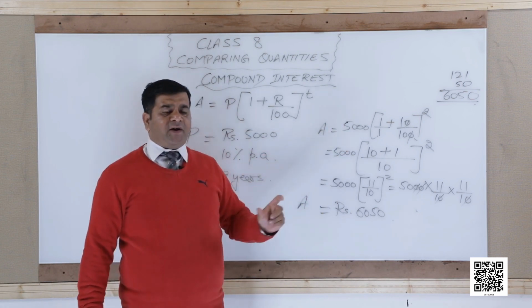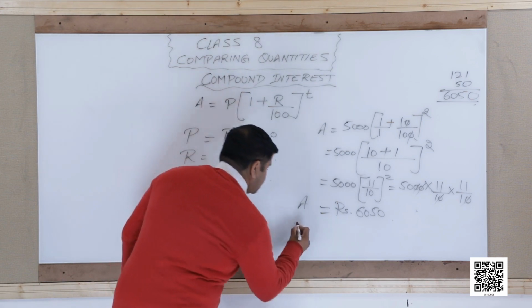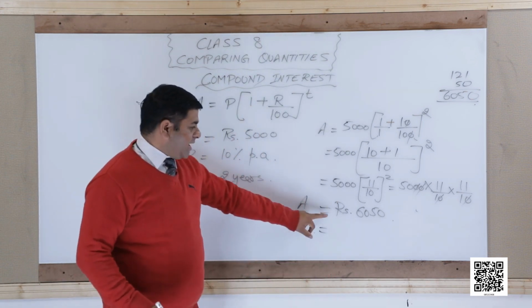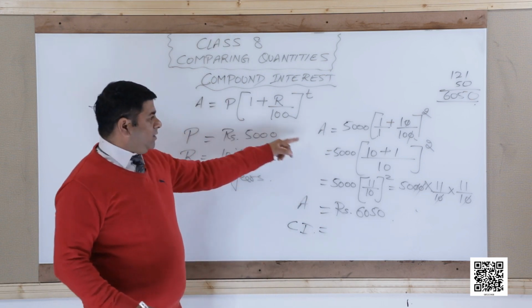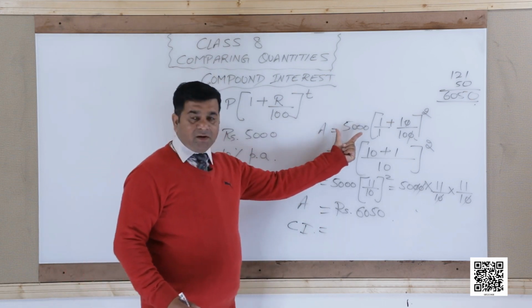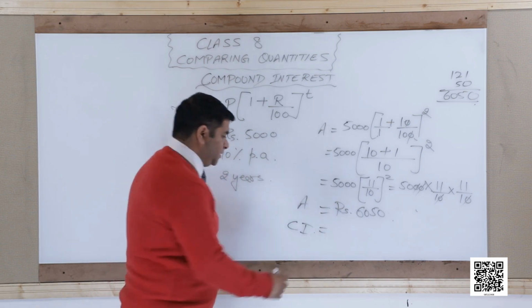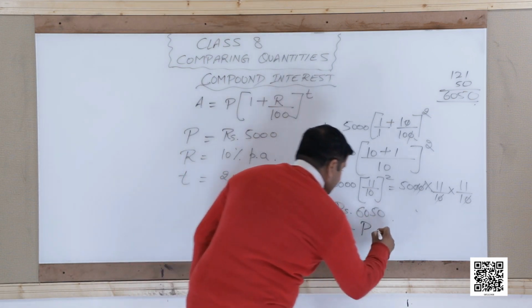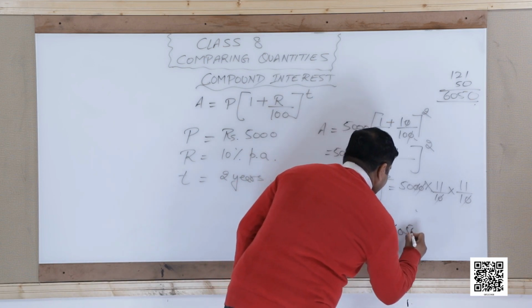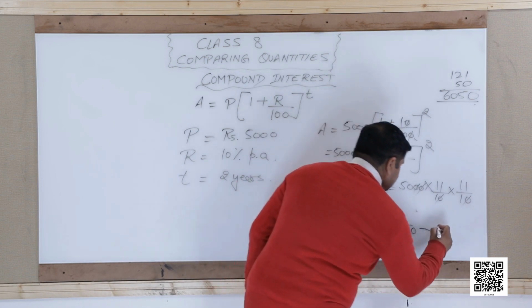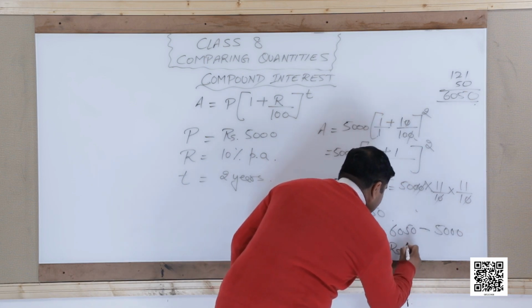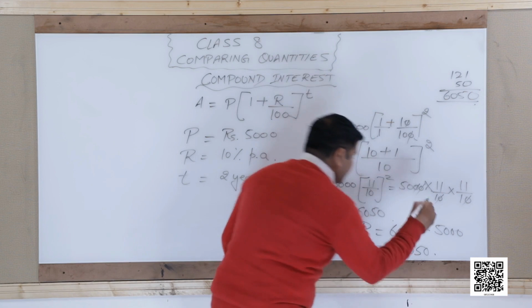Now suppose we have to find out the compound interest. What we will do? We can subtract the principal, that is 5,000, from this amount. So compound interest is amount minus principal, that is 6050 minus 5,000, that is rupees 1,050.